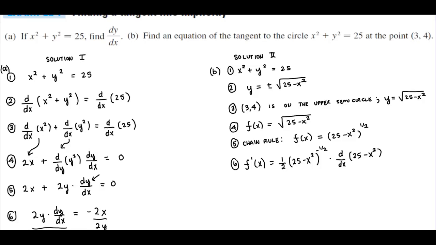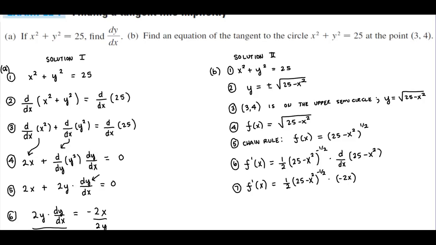So we get 1/2 times 25 minus x squared to the negative 1/2 times the derivative of 25 minus x squared, which is negative 2x.